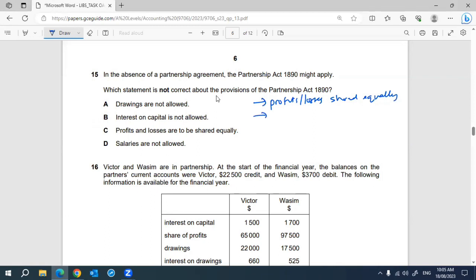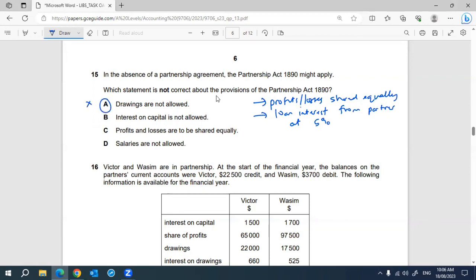And if there's any loan from the partner to the partnership, the loan interest would be charged at 5%. So these are the only two things which apply. So therefore, option A, drawings are not allowed, is not correct. So therefore, this is the answer we're looking for.